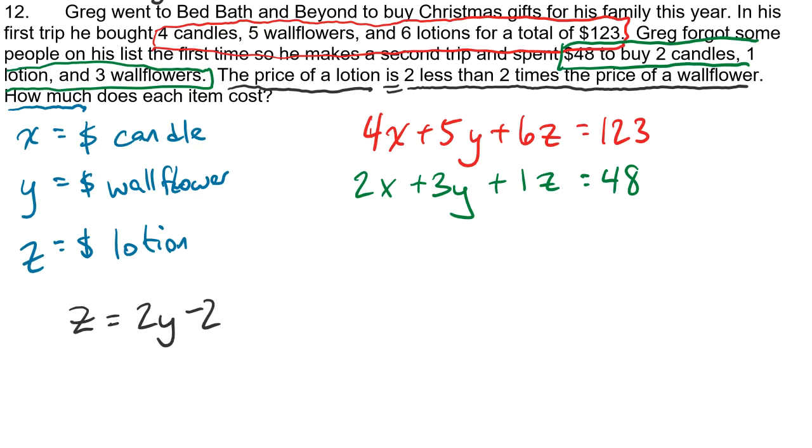All right, now again, we need our variables on the same side, so we're just going to subtract 2y from both sides, and we're going to end up with negative 2y plus z equals negative 2. So I'm going to put that as our third equation.